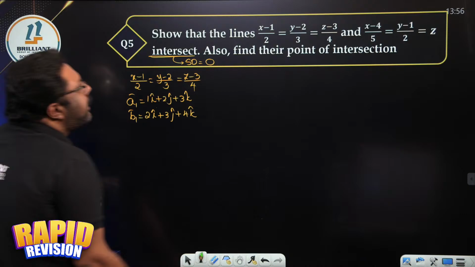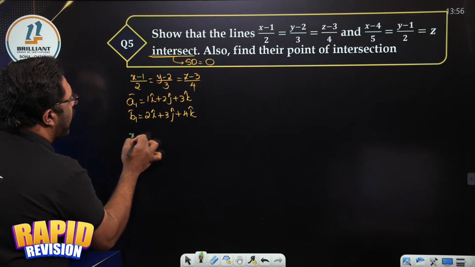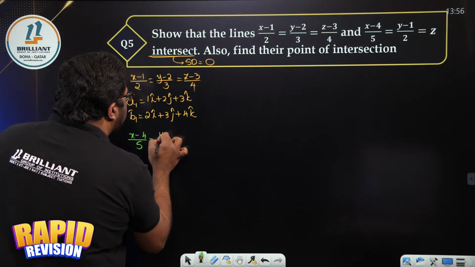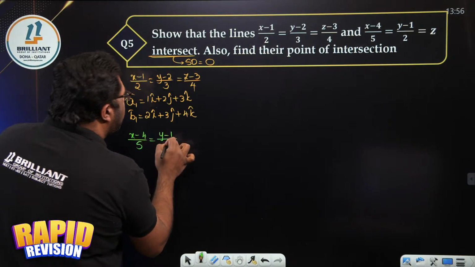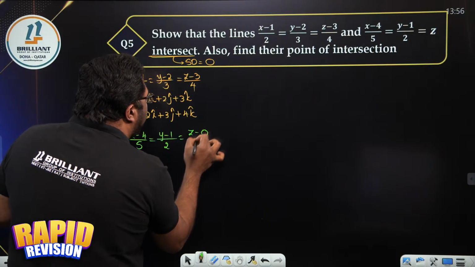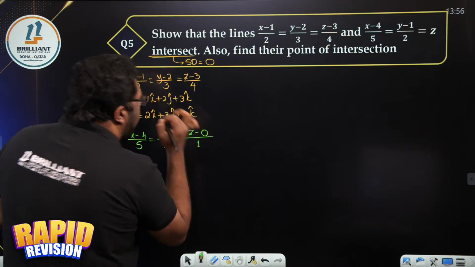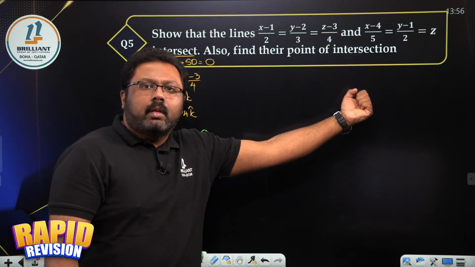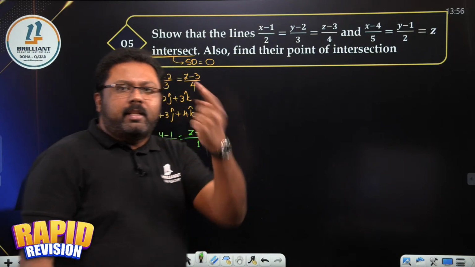Now second equation, all of you, x minus 4 divided by 5, y minus 1 divided by 2 equal to simply z. So the coordinate is 0 and the direction ratio is 1. It's not a comma. Only when comma comes, you will say the direction ratio is going to be 0.